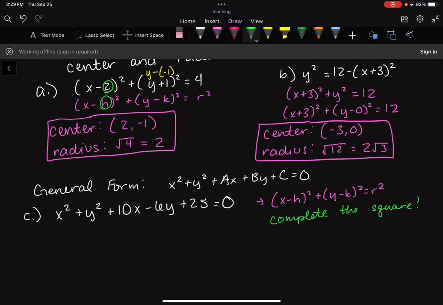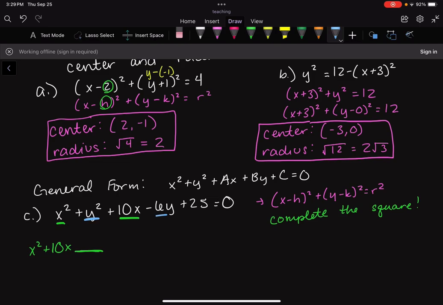So bear with me a little bit while I show y'all how to complete the square on something like this. So first, I'm going to group my x's together. So I have x^2 + 10x, and I want that to factor, so I'm going to leave myself a space so that I can write what I need to add so that it would factor.